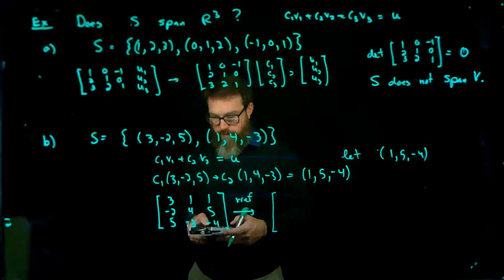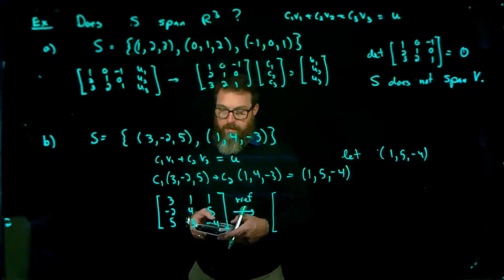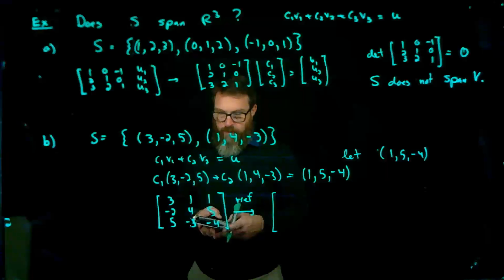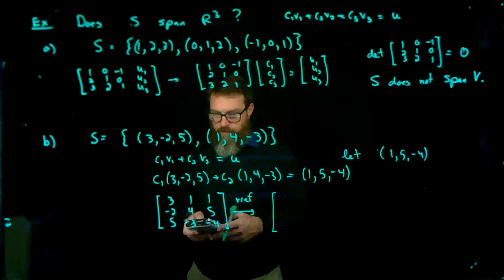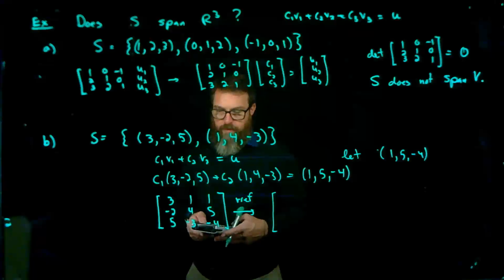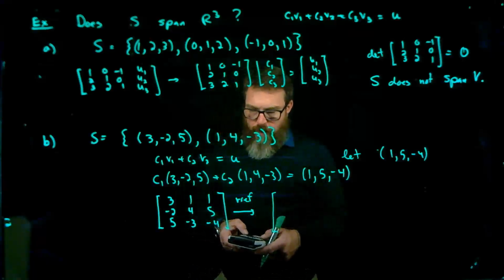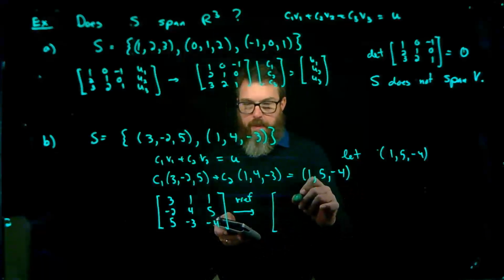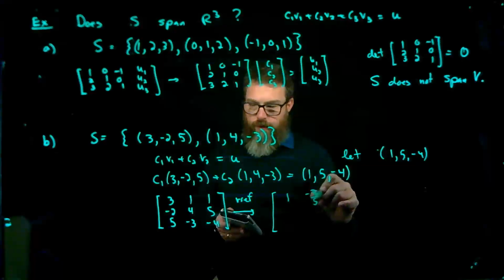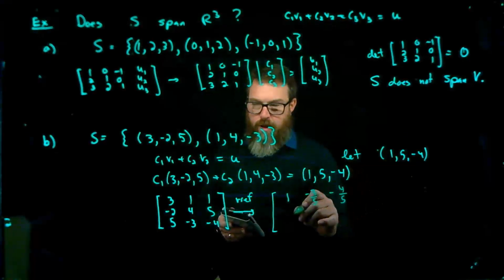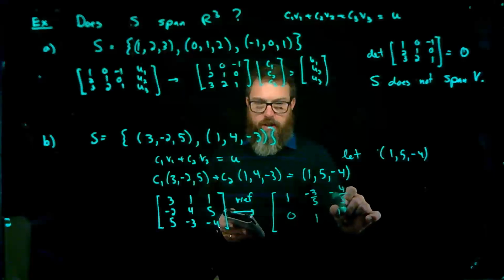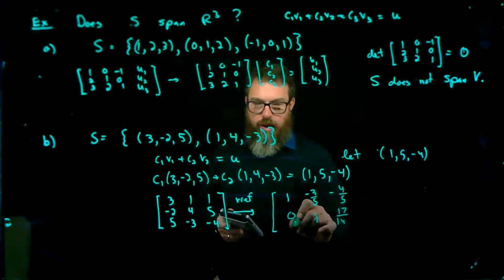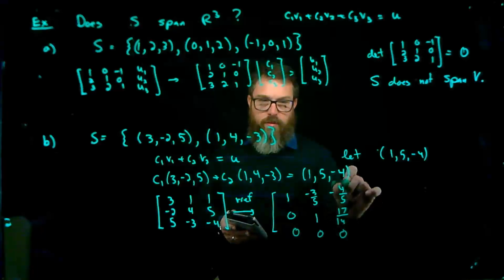So what we get is 1, minus 3/5, this is minus 4/5, this is 0, this is 1, this is 17/14, and then I have 0, 0, 0.